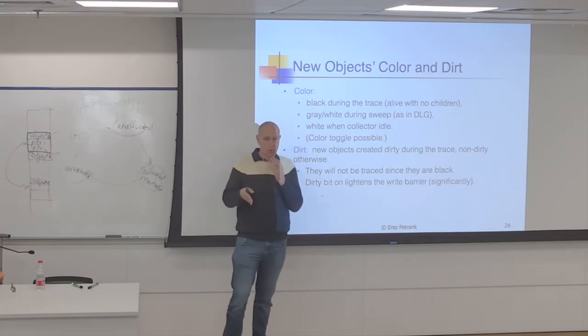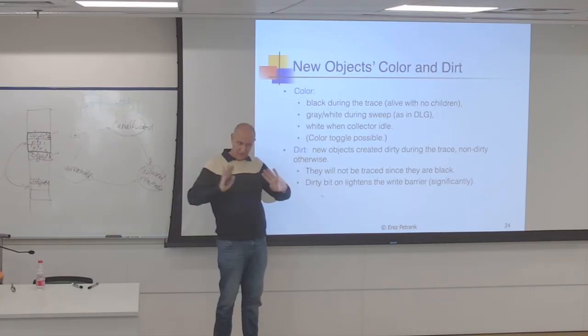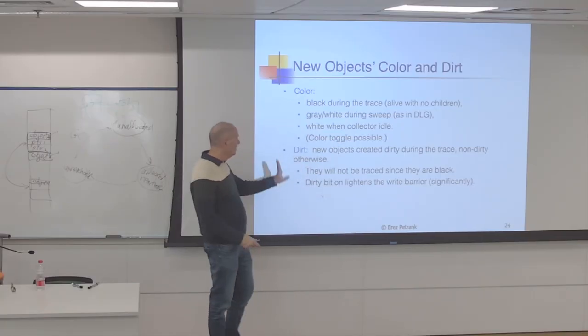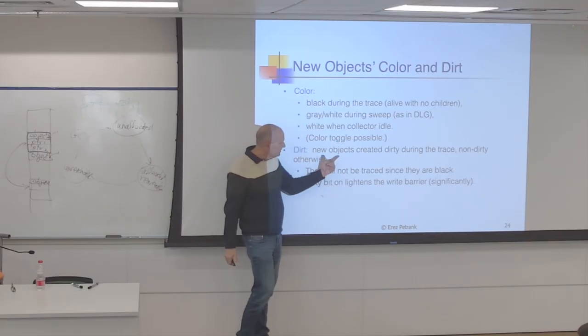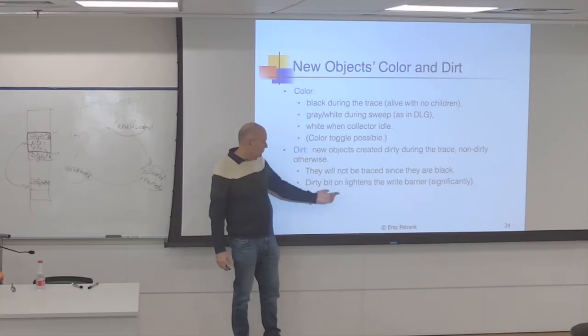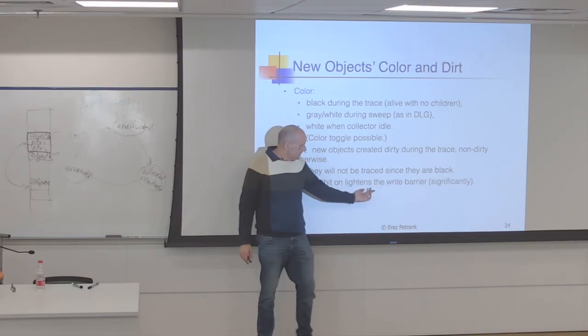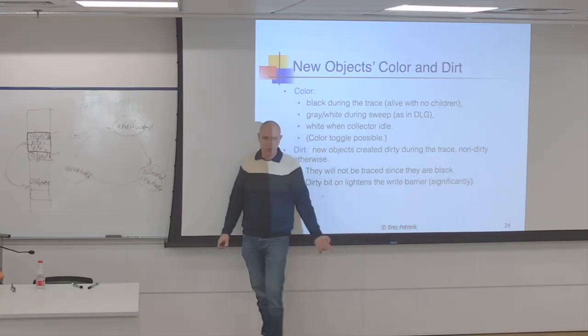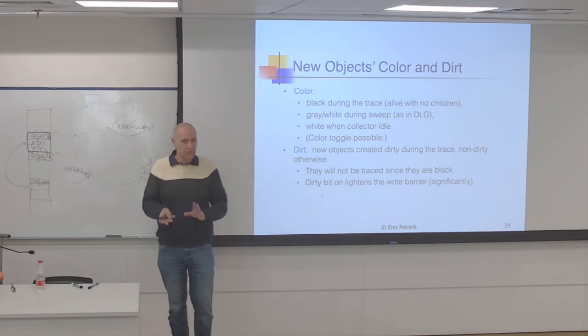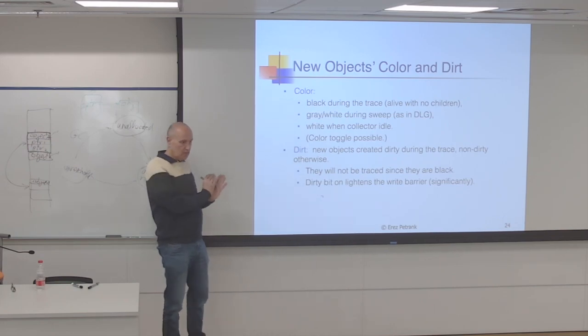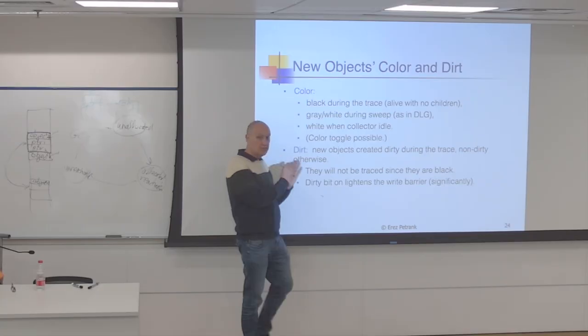You don't need to copy it for me. I've traversed it. I don't need it anymore. It's dirty, and they will not be traced because they're black. The dirty bit really lightens the write barrier, since a lot of the changes that I'm doing are to new objects. And these new objects are dirty.